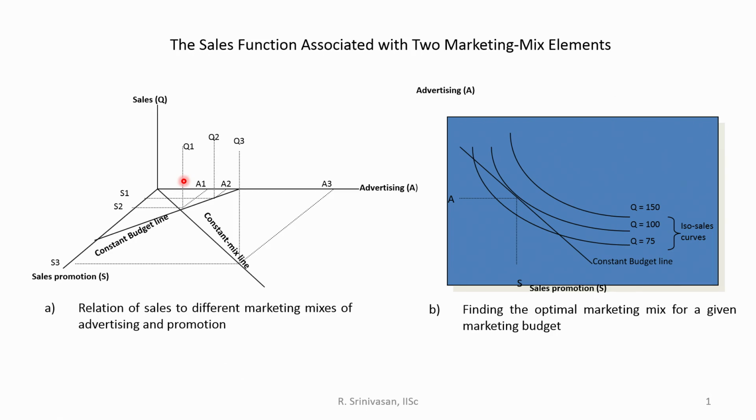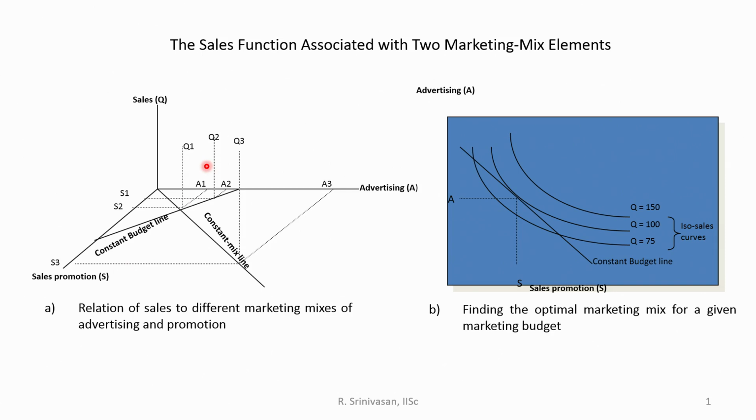Depending on what adjustments you make for A and S, you will have different quantities of sales. You have it at Q1 for A1 S1, Q2 for A2 S2, Q3 for A3 S3.